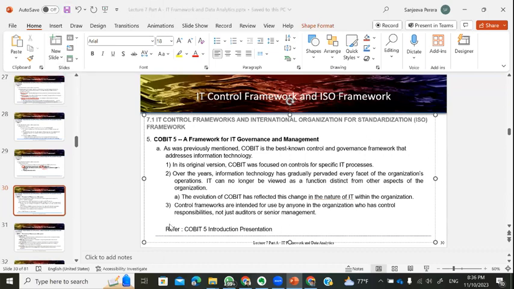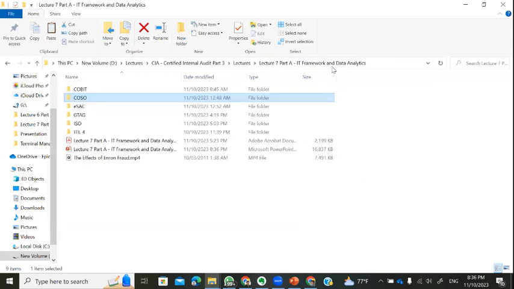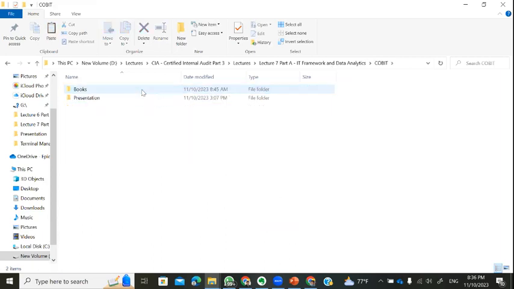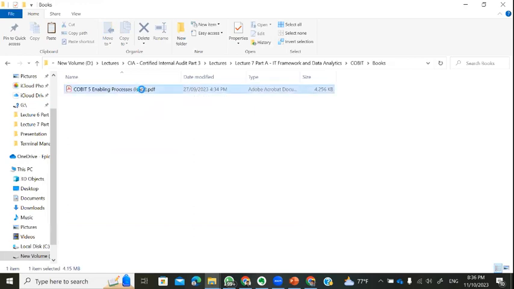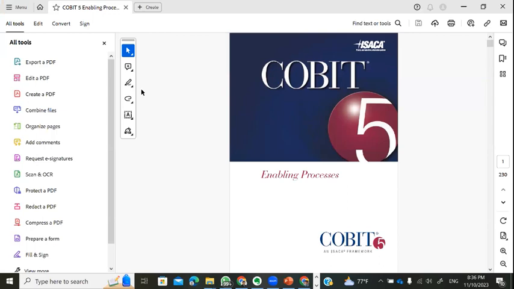Let me go to COVID first. I have included a book for enabling processes, that I will show you. So enabling processes on COVID-5.